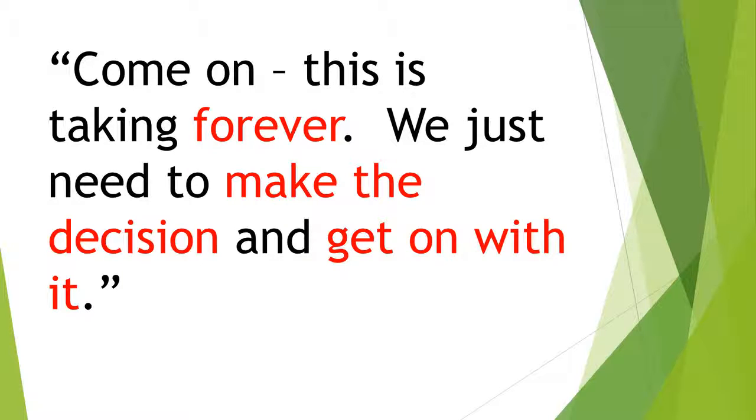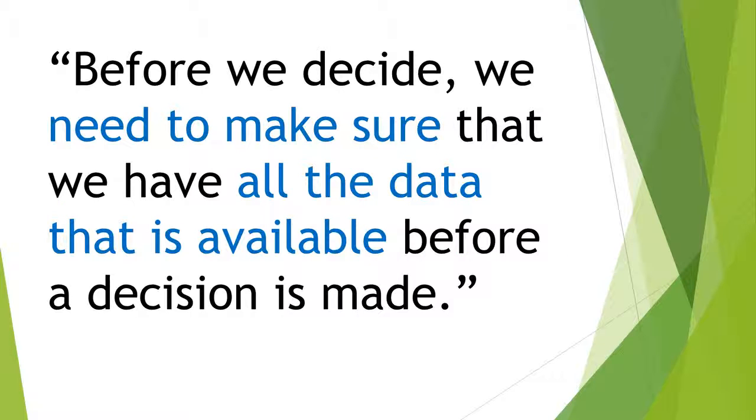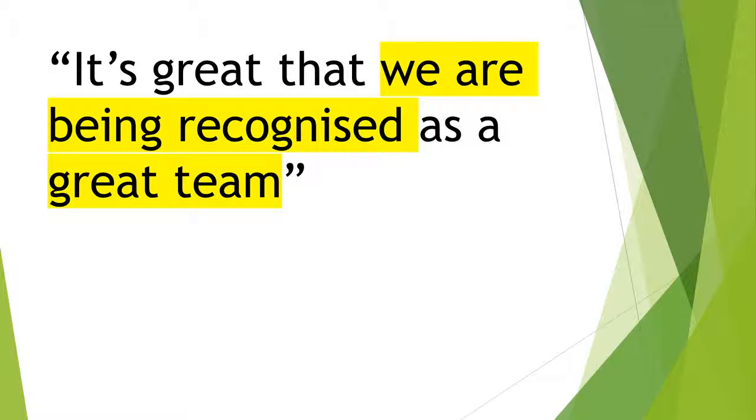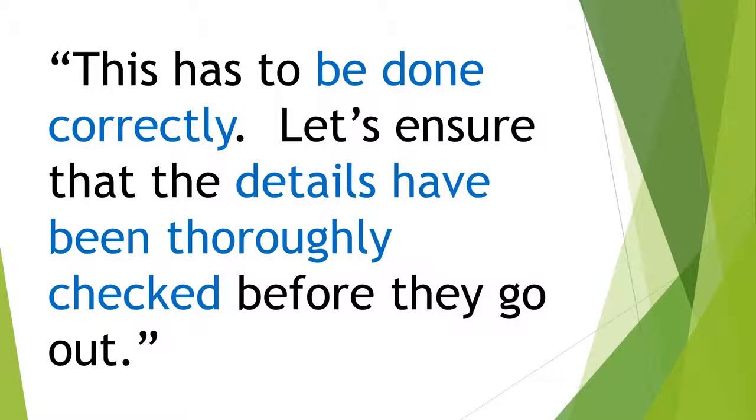Come on, this is taking forever. We just need to make the decision and get on with it. Dominance. Before we decide, we need to make sure that we have all the data that is available before a decision is made. Compliance. Let's cut to the chase and produce a short report that can be out before the end of the day. Dominance. It's great that we're being recognised as a great team. Influence. This has to be done correctly. Let's ensure that the details have been thoroughly checked before they go out.